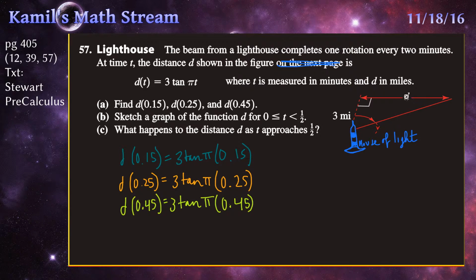This is d, and this is another d, a distance. We're trying to find d of t: when the time is a certain amount, how far do you get?